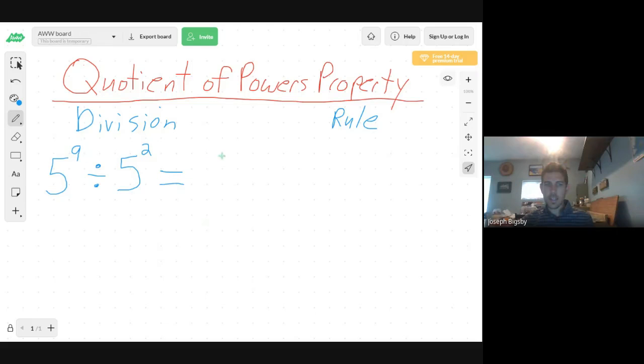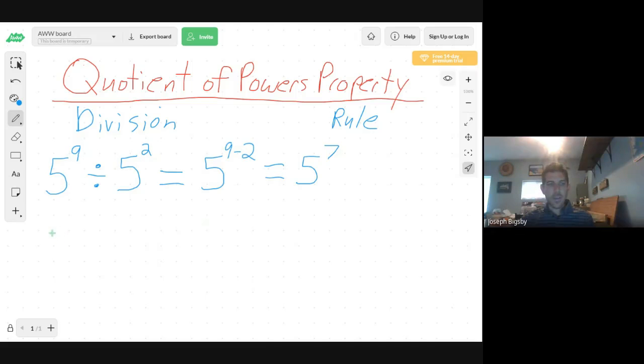And we're left with something like a like base of 5 raised to 9 minus 2. We're going to take away 2 of those 5s, and that would leave only 7 remaining 5s to be multiplied by themselves. So that would become 5 to the 7th power.